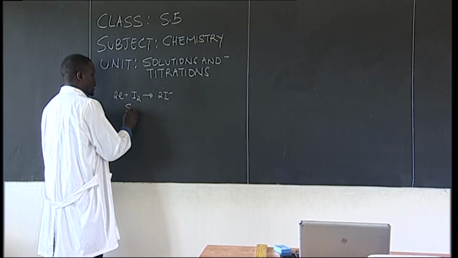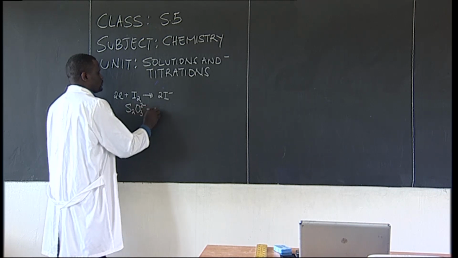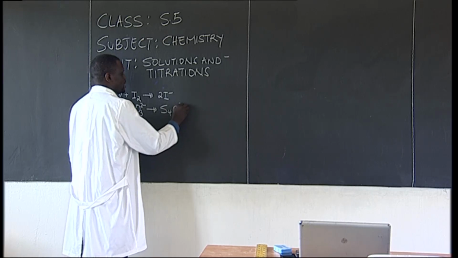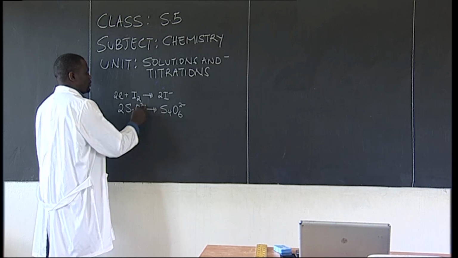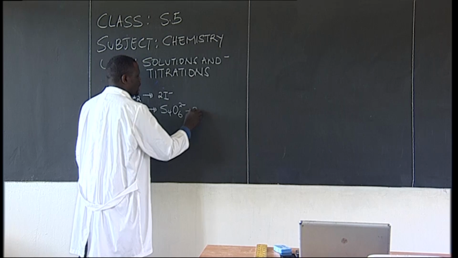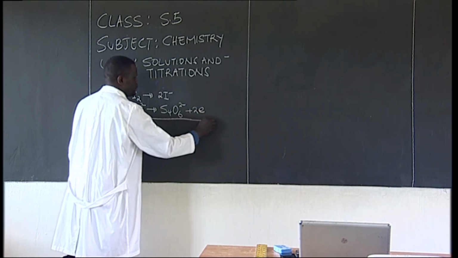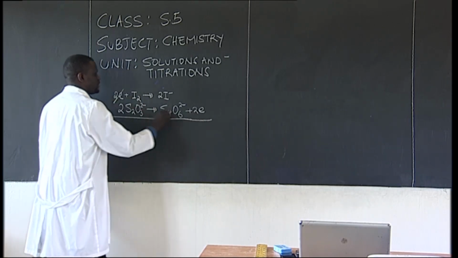Then we have 2S2O3 2-, which will give us S4O6 2-. So we balance our equation. Observe here we have 4 electrons, so to make this side 4, we add also 2 electrons. So we can add them, and as we add, we cancel out the electrons.